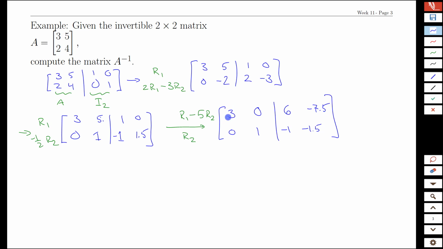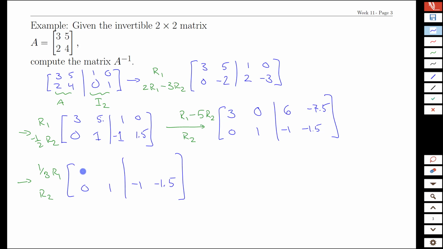And we're almost there. The only missing ingredient is a leading 1 here instead of a leading 3, so we're simply going to take 1/3 of our first row and keep our second row as is. I'll do the second row first because it's just a copy. There we go.